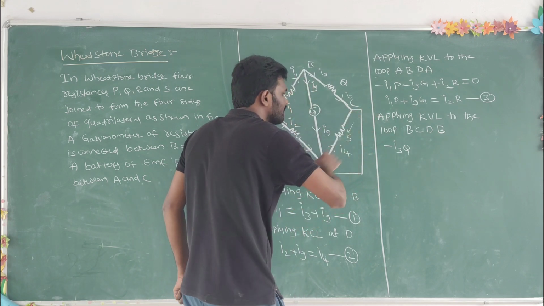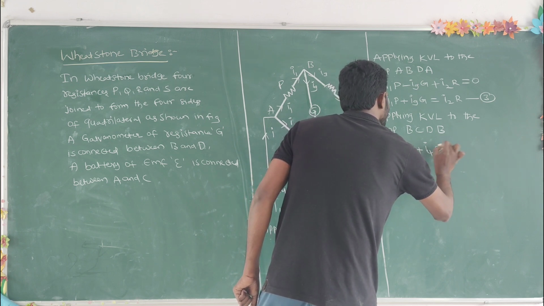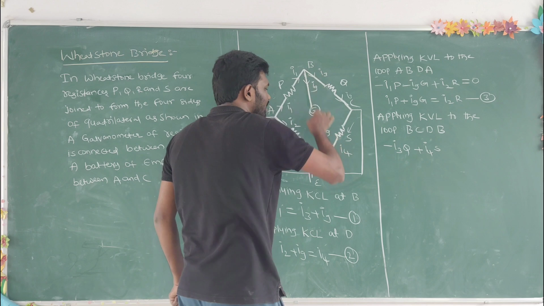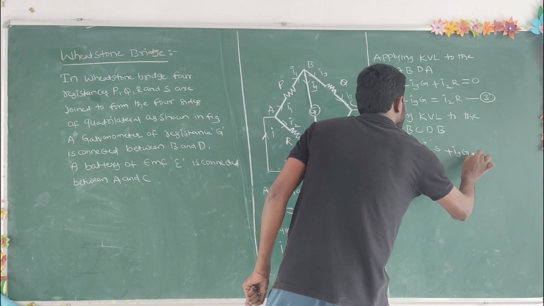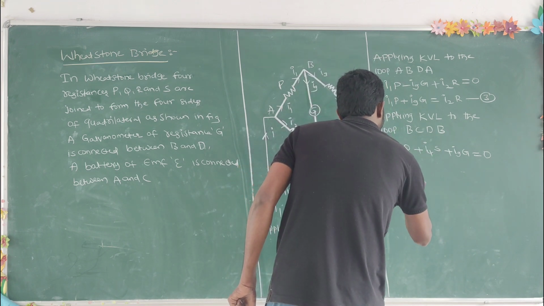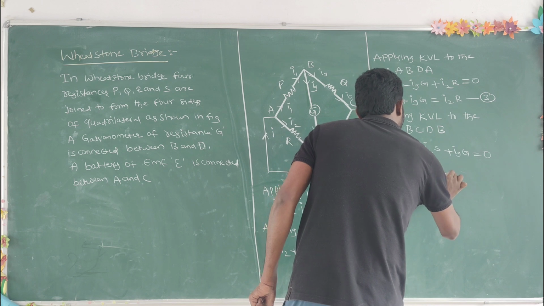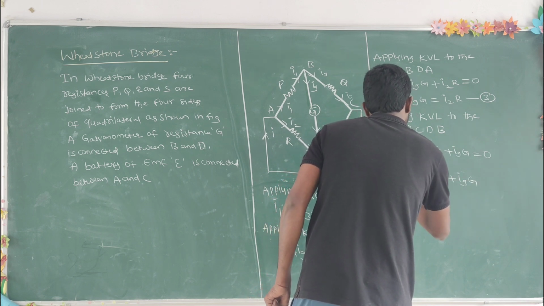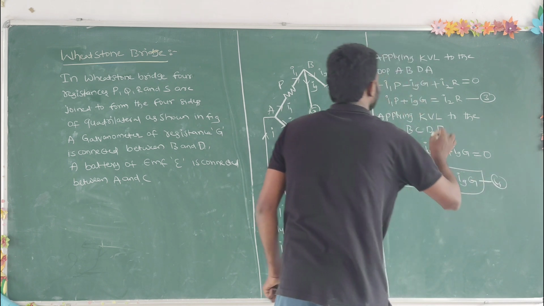C to D, opposite direction of current, plus I4S, resistance S. Again D to A, opposite direction of current, plus Ig into G equal to 0. If I want, I can write I3Q, which is equal to I4S plus Ig into G. Take this as equation number 4.